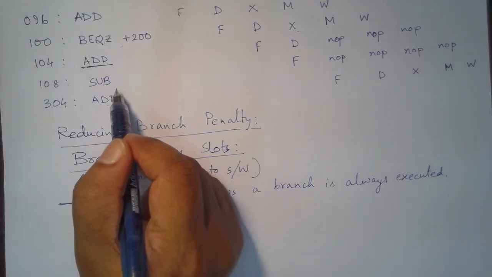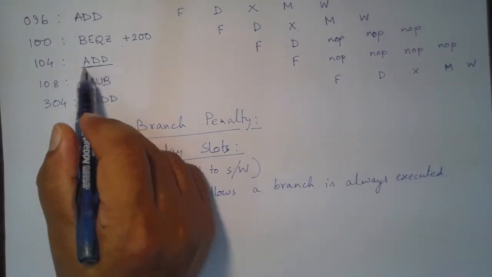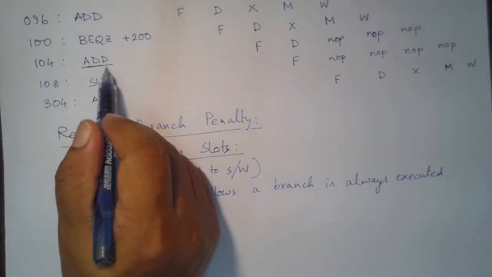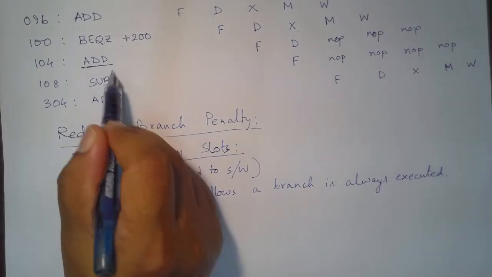Think about it, in your program there may be a lot of branch instructions, and every time you encounter a branch instruction, you have to find an independent instruction if you have only one delay slot, and put that in that delay slot. And if you have two delay slots, then you have to find two independent instructions.